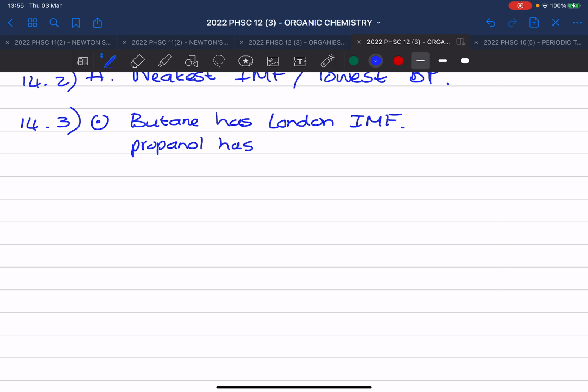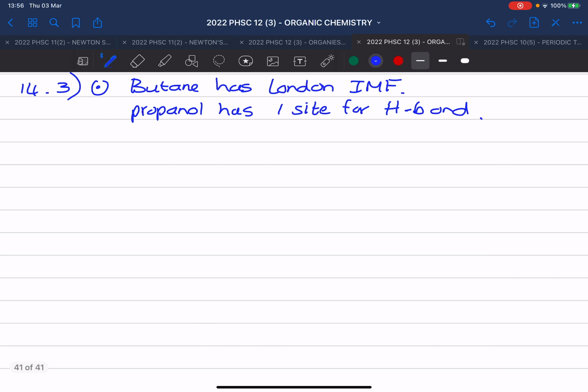Propanol has one site for hydrogen bonding. I'm just abbreviating now because I'm scared the bell is going to catch us. And the ethanoic acid has 2 sites for hydrogen bonding. Okay, so there you explain the obvious difference. Okay, I just want to check that I check all the points. One site, that's 2 sites for hydrogen bonding.